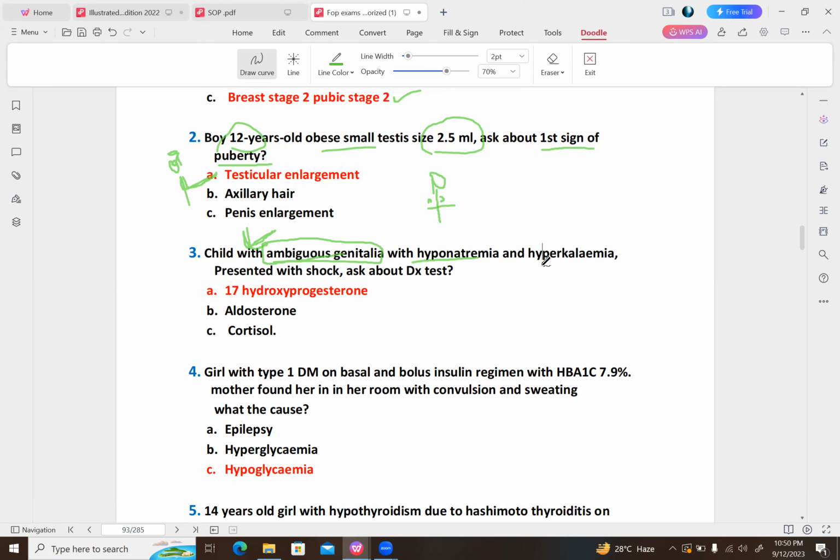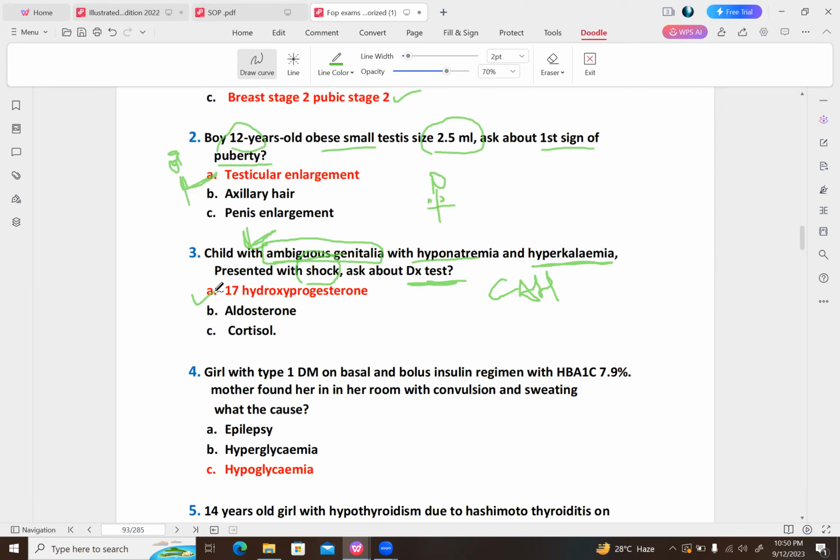So this is very obvious scenario of CAH, congenital adrenal hyperplasia. All right, they presented with shock, and they asked you about the diagnostic test. So among the options, not cortisol, not aldosterone, this is 17 hydroxyprogesterone.